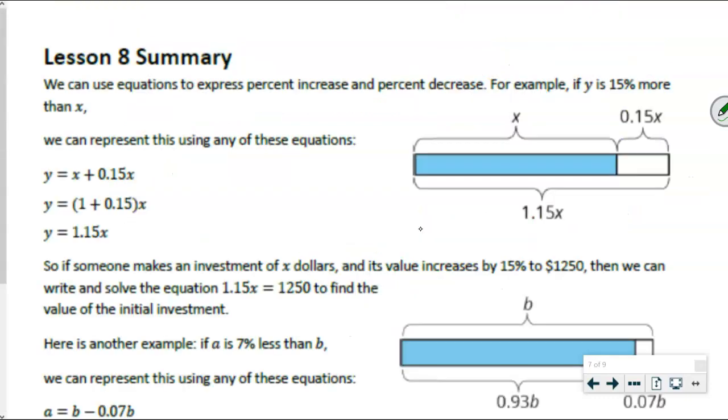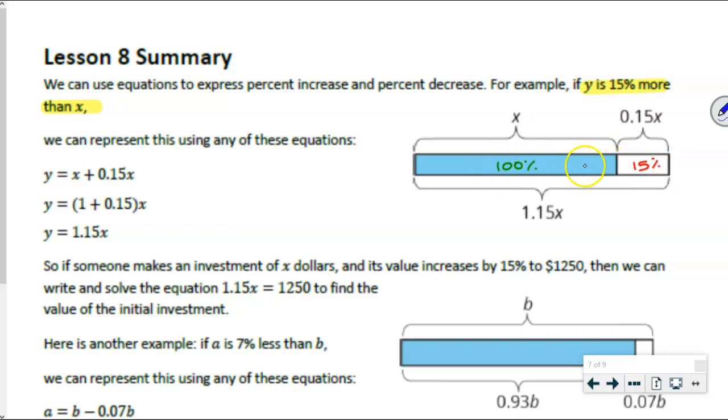And now we have made it to our summary. Here's the big takeaways. We can use equations to express percent increase and percent decrease. So if y is 15% more than x, this demonstrates it very, very nicely. This would represent the 100%. This represents the extra 15% since it's more.